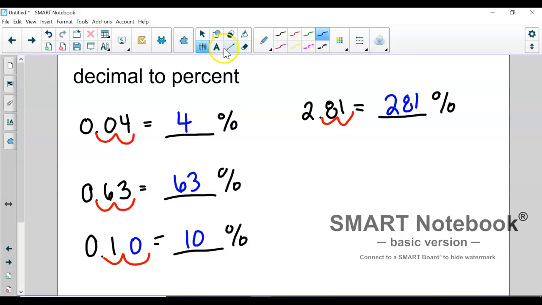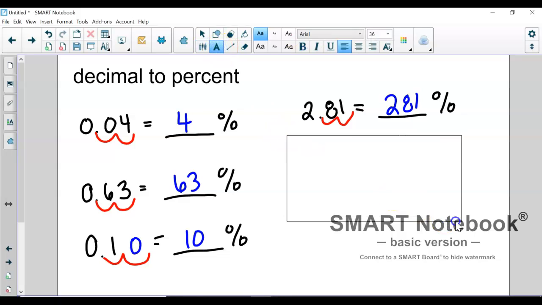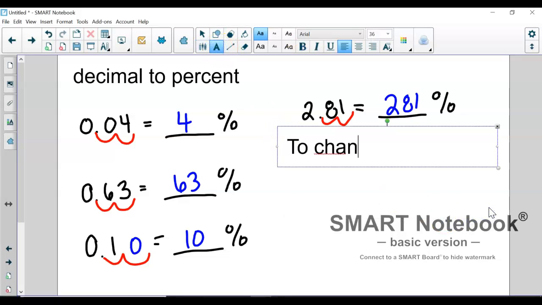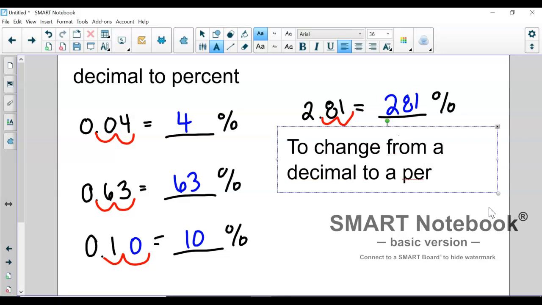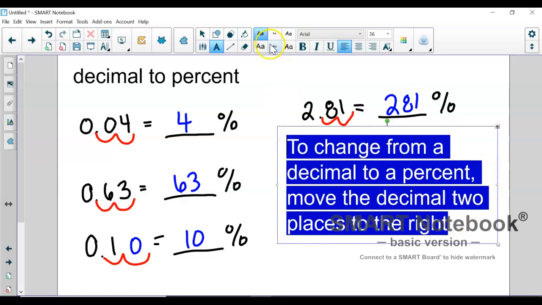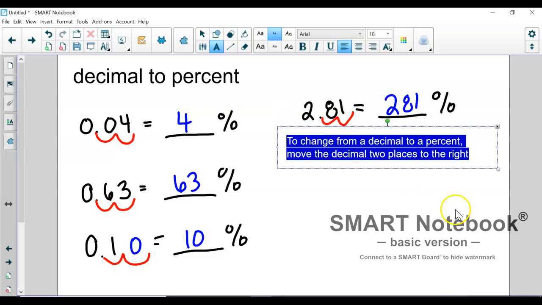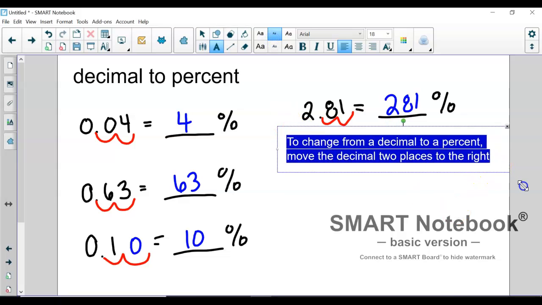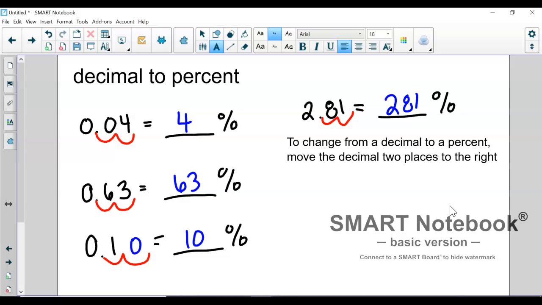So to summarize here, to change from a decimal to a percent, move the decimal 2 places to the right. And let's make that a little bit smaller so that it will show up where you can read it there. Okay.